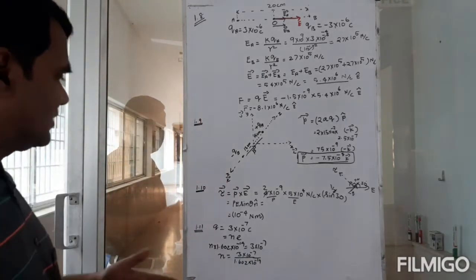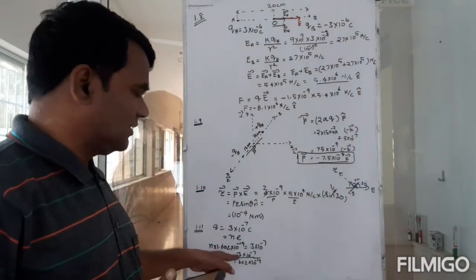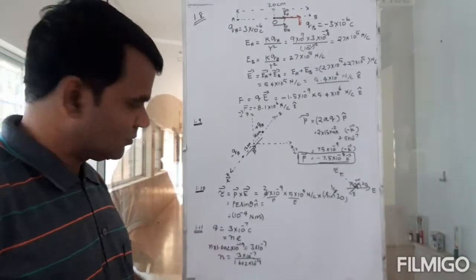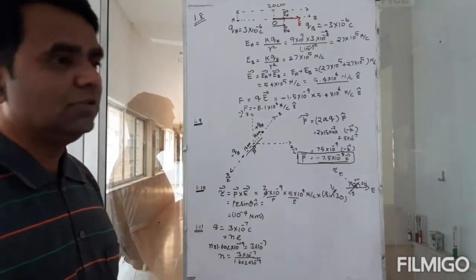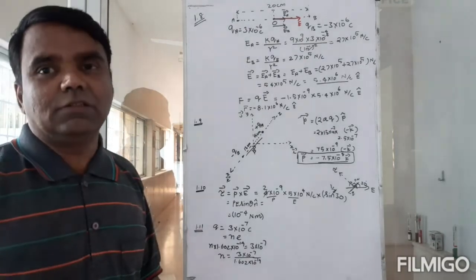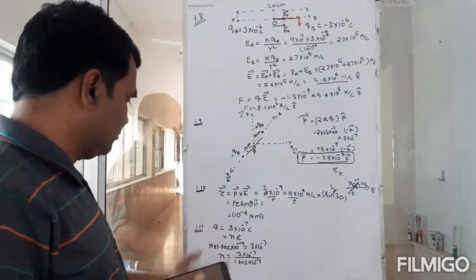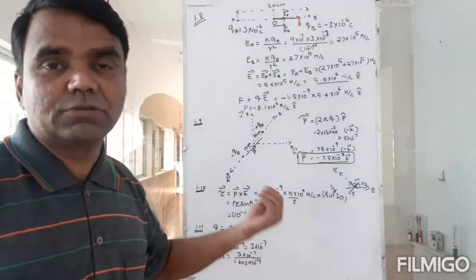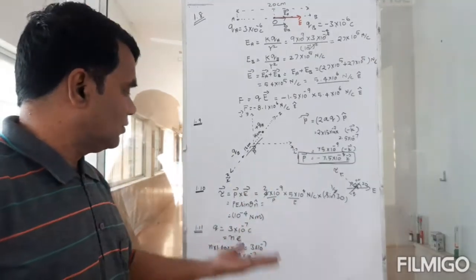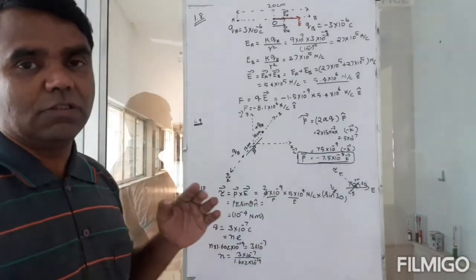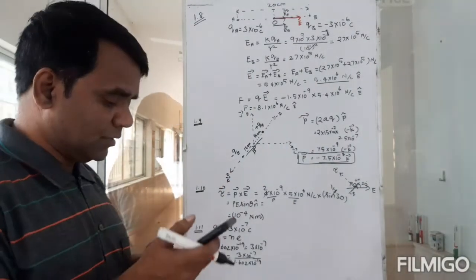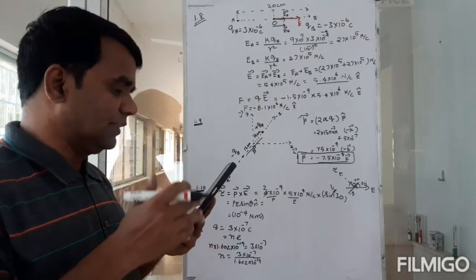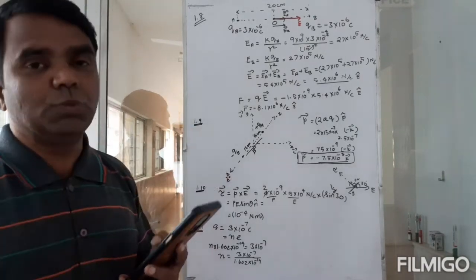Okay, so you can easily say this 3 by 1.6 is roughly 2, then it's 10 power 12. So you can say that roughly 2 trillion electrons had to move from polythene to wool.